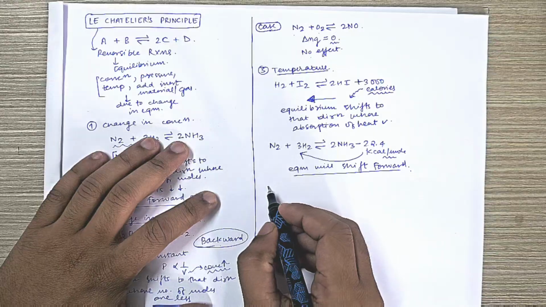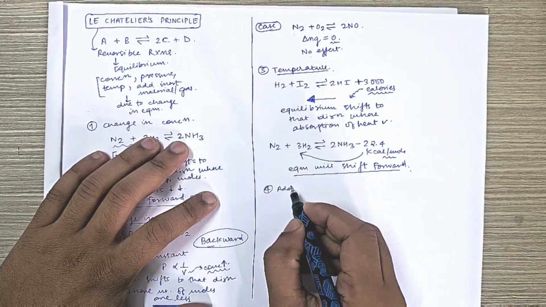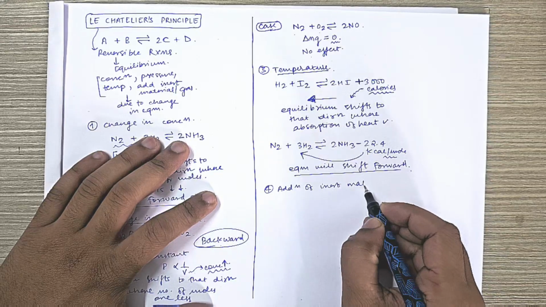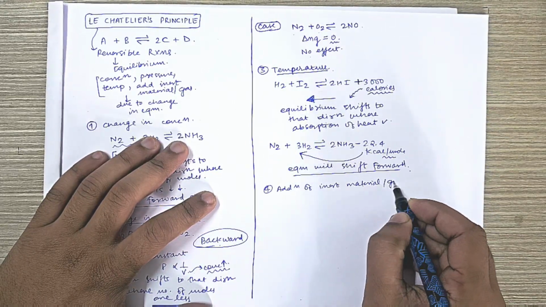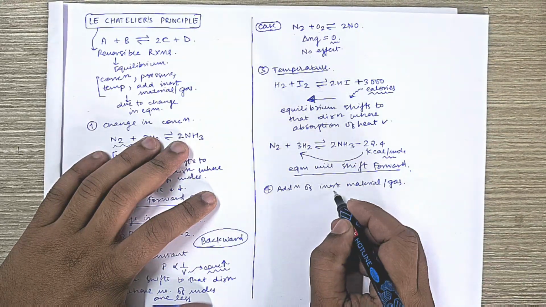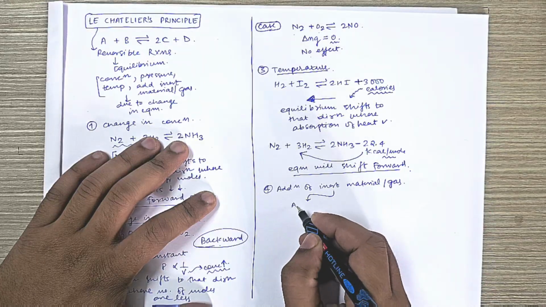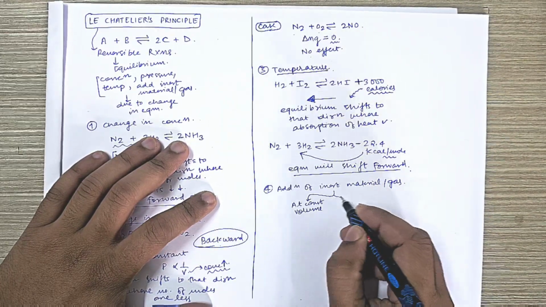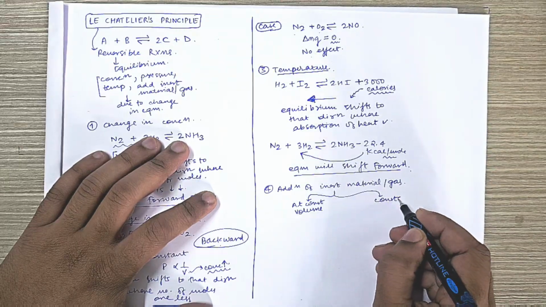Next is addition of inert material, or you can say gas. Basically we are having two conditions: at constant volume and at constant pressure.